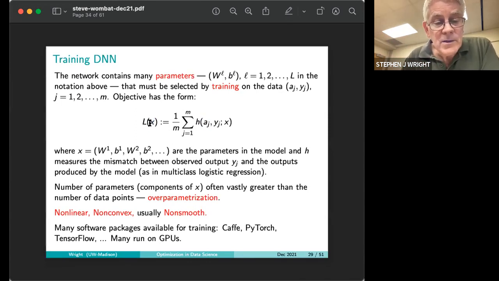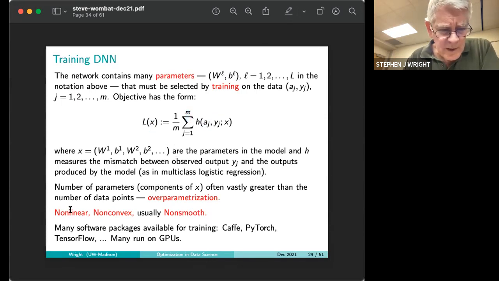Now, of course, the dimension of X here is huge because if you add up all the elements in the WLs and the BLs, it can be in the billions or nowadays trillions, literally trillions. And in fact, the number of parameters now usually exceeds the number of items of data in the collection. So often the items of data in the collection run into billions, but the number of parameters nowadays is in the trillions.